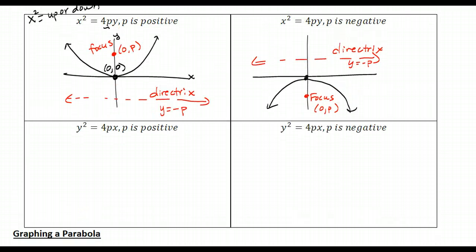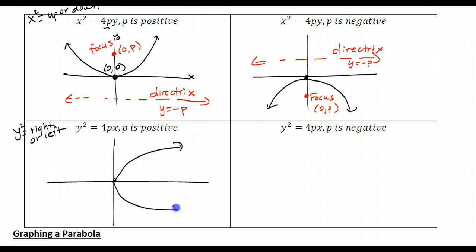If it's a y squared graph, it's going to go right or left. And if p is positive, it goes to the right, and again, opens towards my focus and away from the directrix.